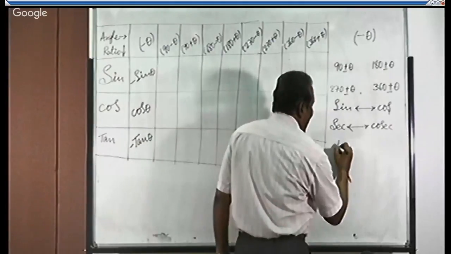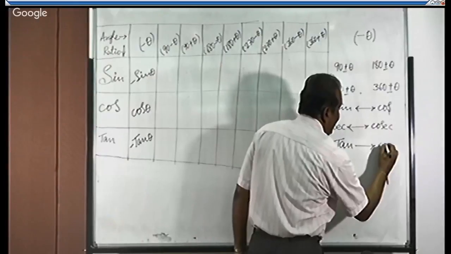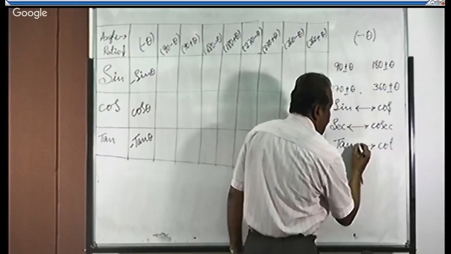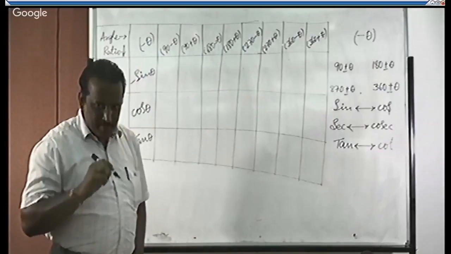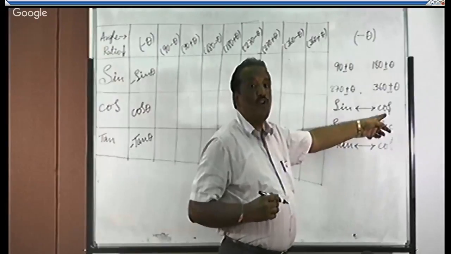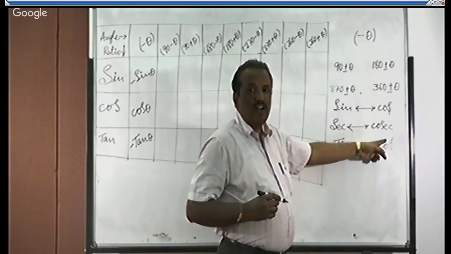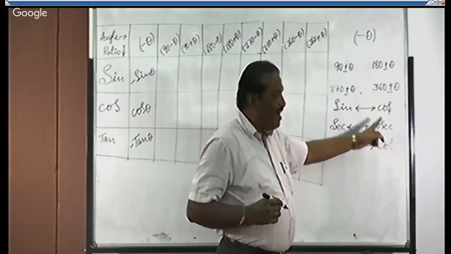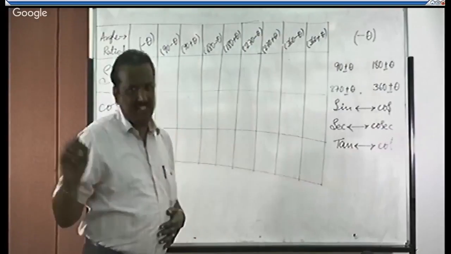Then for tangent of an angle, its co-function is cotangent, that is cot. For cot, again tan is its co-function. I repeat this concept. Sine and cos are co-functions of each other, secant and cosecant are co-functions of each other, and tan and cot are co-functions of each other. Right?